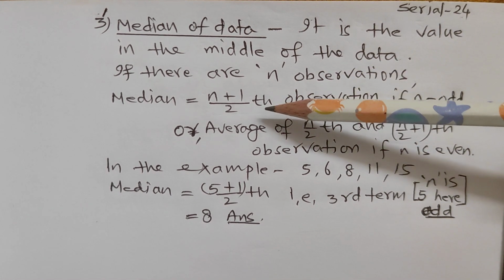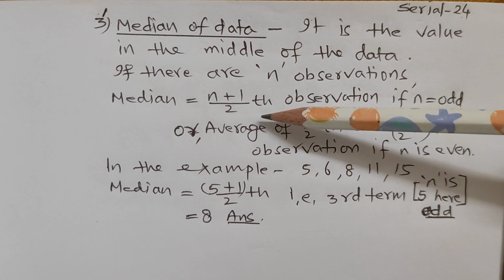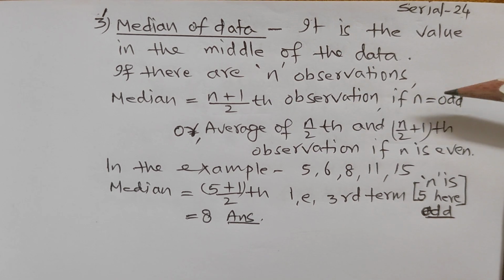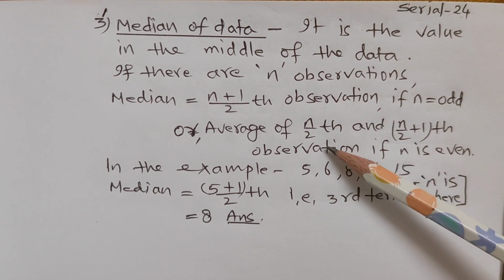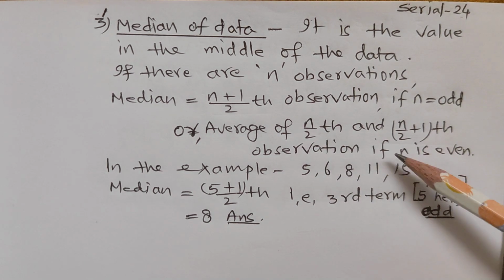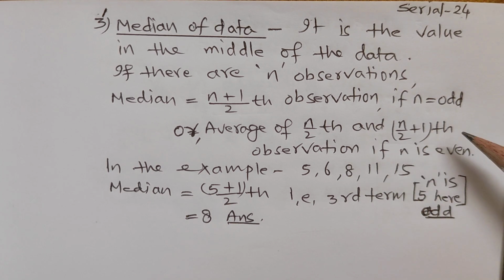Median is equal to the (n plus 1) by 2th observation if n is odd, and it is the average of the n by 2th and (n by 2 plus 1)th observation if n is even. When we see the example, this will become clearer.